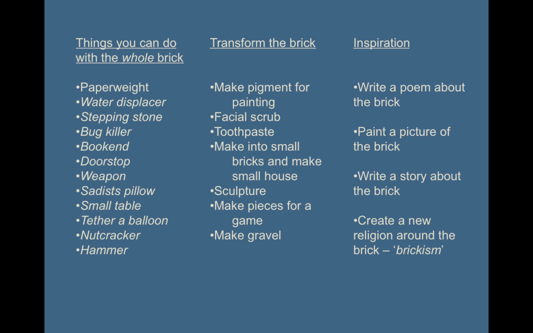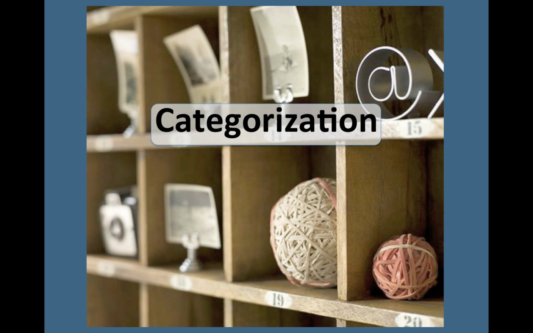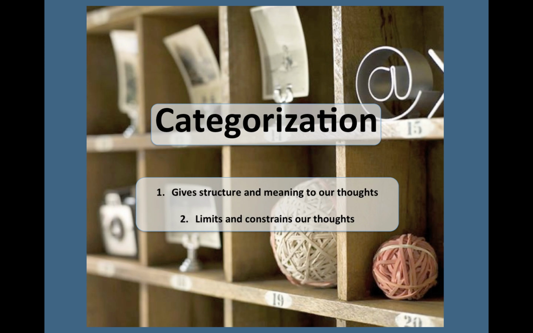So we have three categories here. Can you think of a fourth category? Something that doesn't fit into any of these three, and I'll leave you with that thought as we move on. So categorization is a crucial aspect of how we think. In fact, all of our thinking at some level is structured and given meaning through categorization.